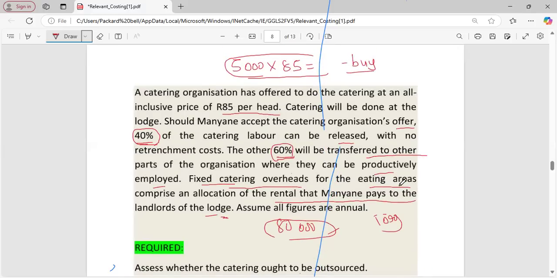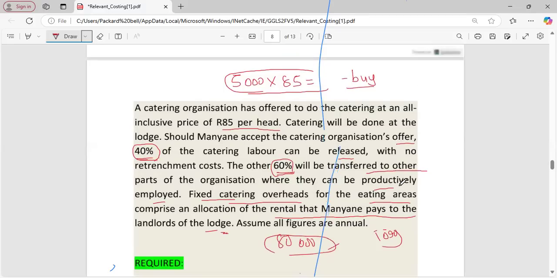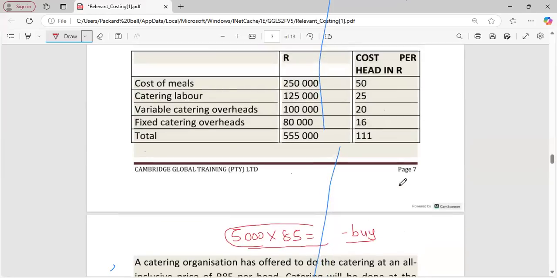What he is saying is, remember here, let's start here. The catering labor is going to be 125,000.